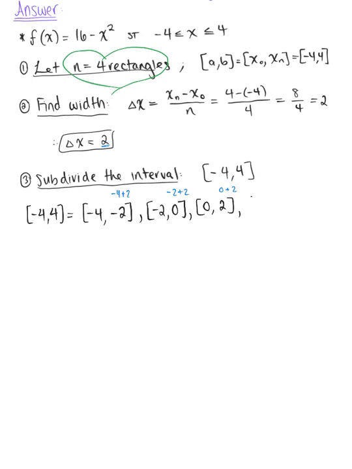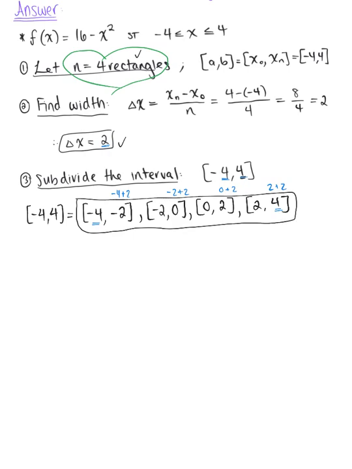And then last but not least, starting with 2, 2 plus 2 is 4. And that's the endpoint of our given interval. So it's a great way to check to make sure that you have the correct width and that you're using the number of rectangles properly. The first interval should start at the first endpoint and the last interval should end at the last endpoint. So these are the subintervals that we're going to use here.